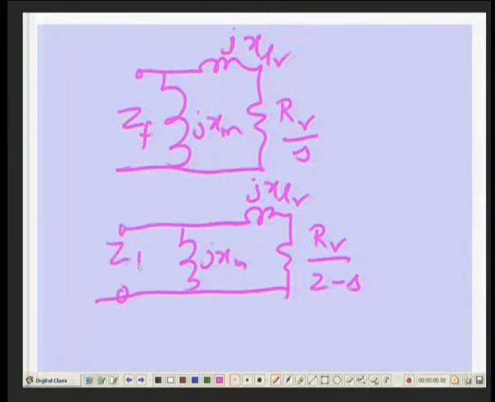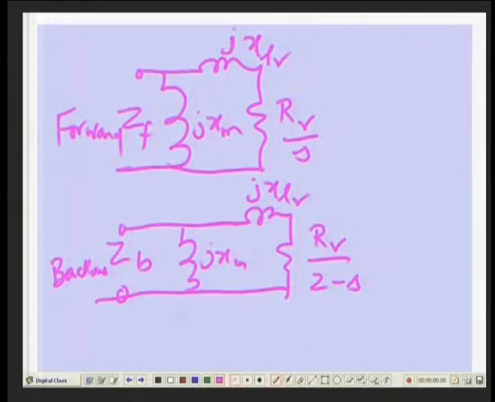We call ZF the forward impedance at the air gap, and ZB the backward impedance. That means you are standing at the air gap looking into the rotor, due to the forward field. The voltage across here is the voltage due to the forward field induced into the stator winding, and this is the voltage due to the backward field.